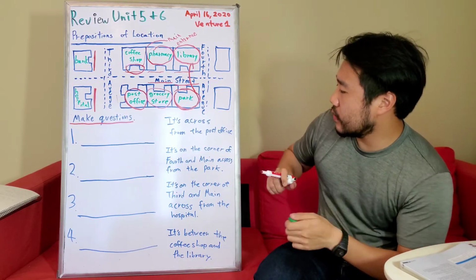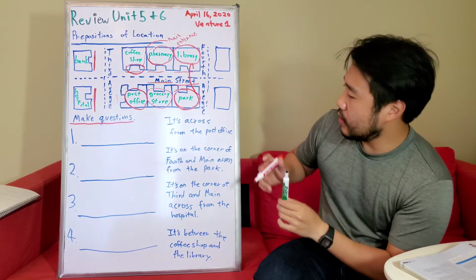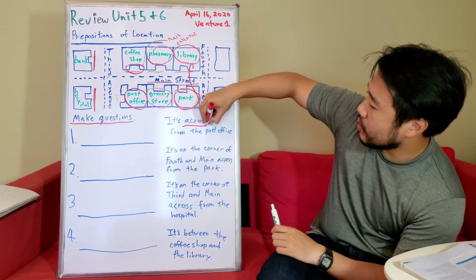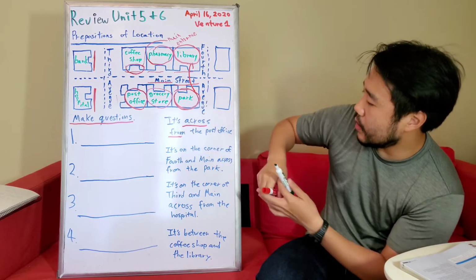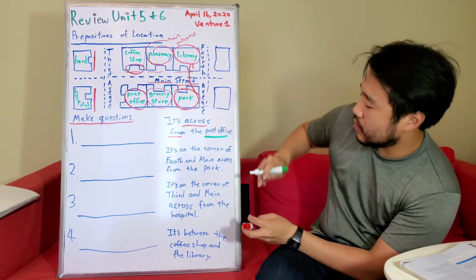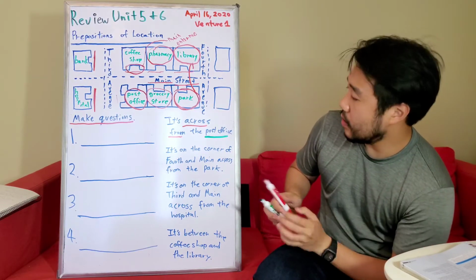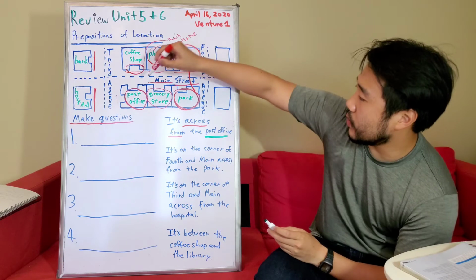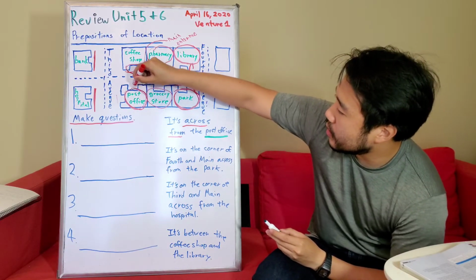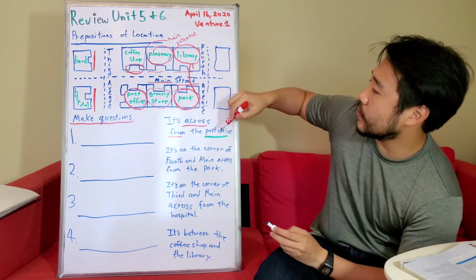It's across from the post office. So here, preposition, across from, and then the place is post office. So let's see, post office is right here, and then it says across from the post office.